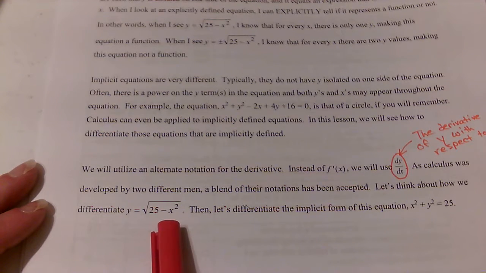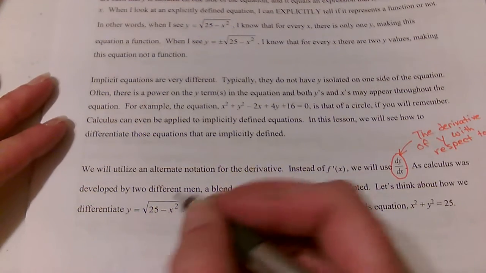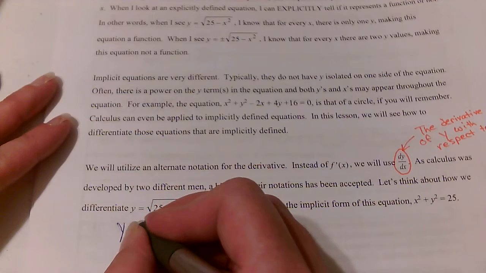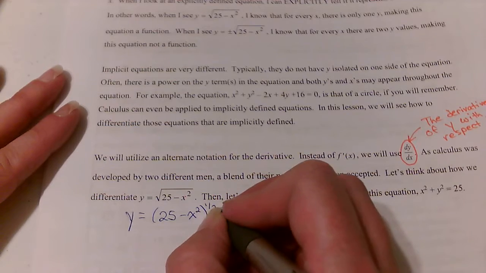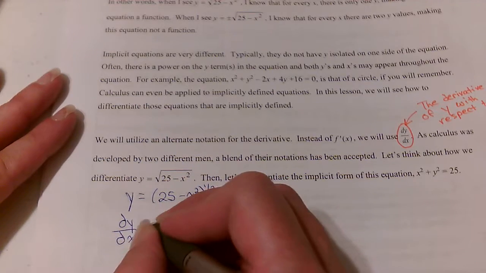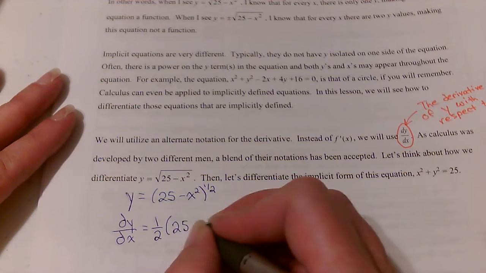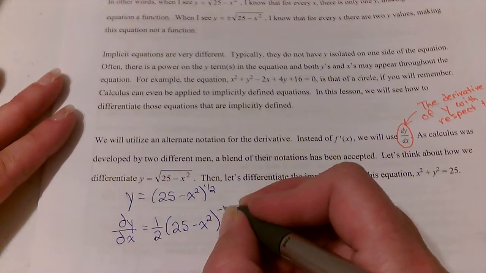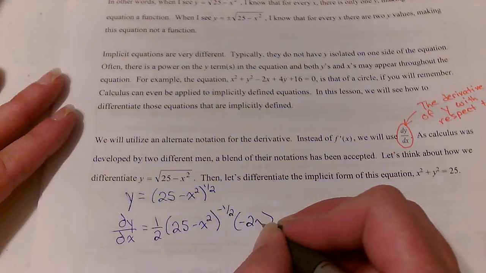So here's an explicit function, and we're going to find the derivative of that. Let's start by rewriting it where it's a little bit easier to take the derivative of. That would be y equals 25 minus x squared to the 1/2 power. The derivative of y with respect to x would be 1/2 times 25 minus x squared to the negative 1/2 times the derivative of the inside, which would be negative 2x.